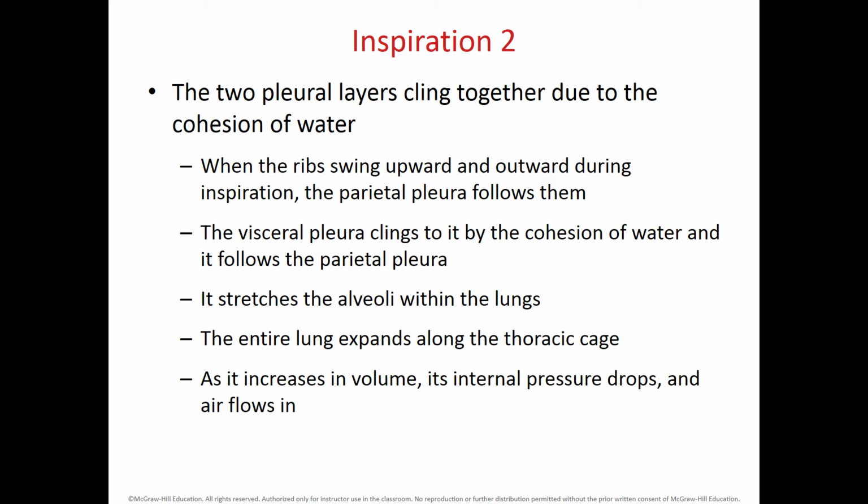So then the entire lung will span along the thoracic cage, and it will increase the volume. And when you have an increase in volume, you will decrease the pulmonary pressure, and then the air will move in.